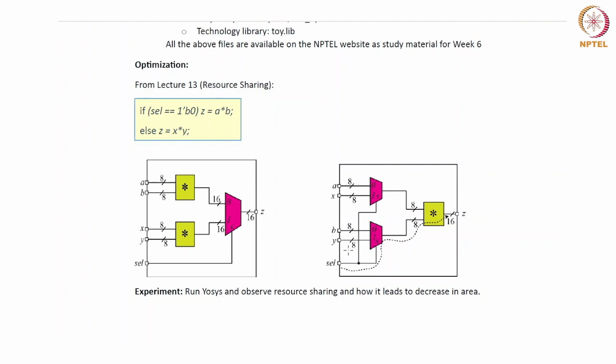Now, let us carry out an experiment using the open source tool Yosys to understand how resource sharing is done by the tool and what its impact on the circuit area is. So, let us run the tool and see what happens.